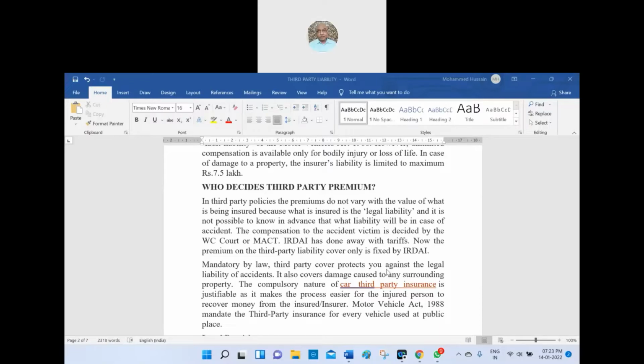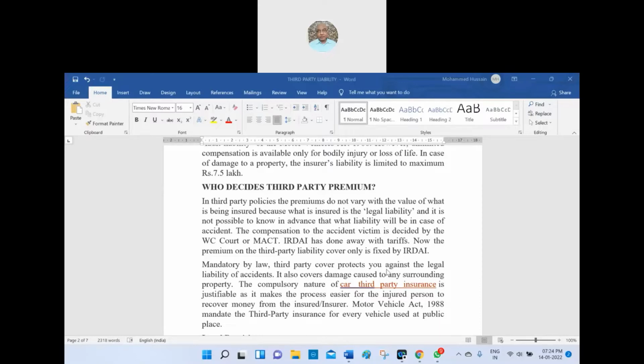In third party policy, the premium doesn't vary with the value of what is being insured, because what is insured is the legal liability, and it is not possible to know in advance what the legal liability would be in the case of an accident. The compensation to the accident victim is decided by the Workmen Compensation Court or Motor Vehicle Accident Tribunal. IRDAI has done away with the tariffs.